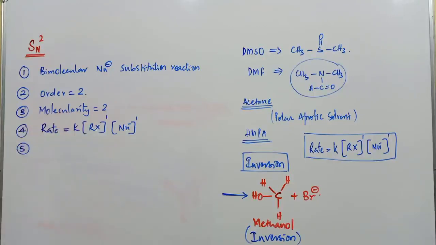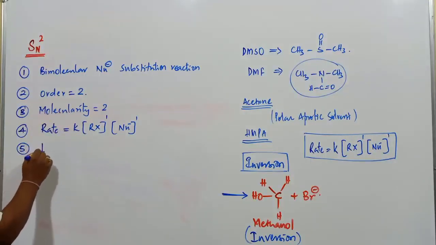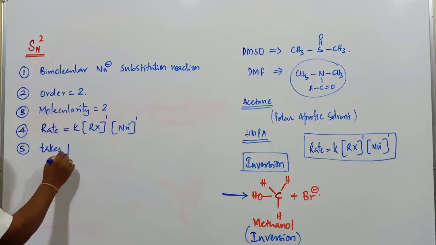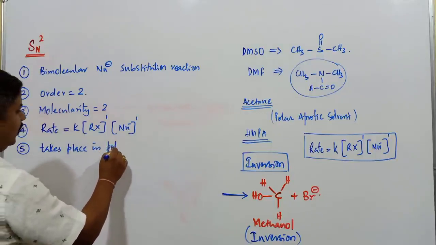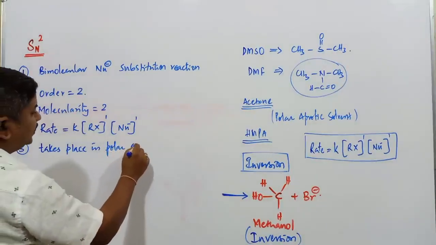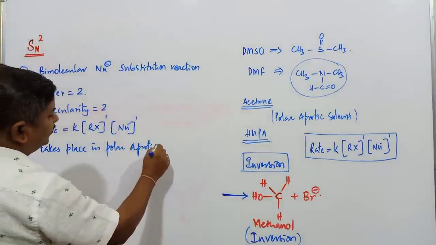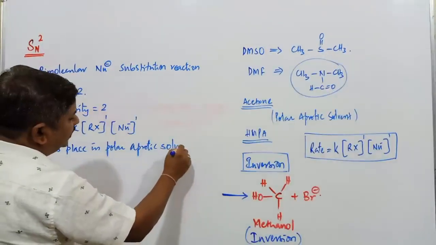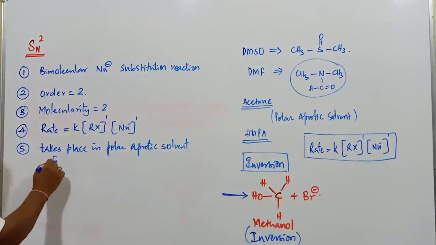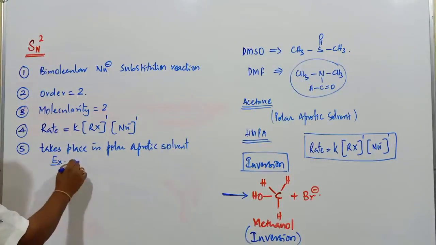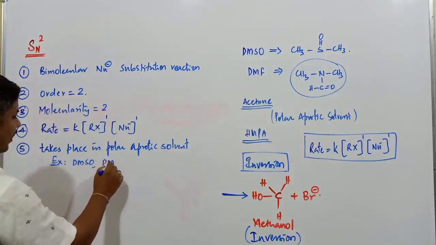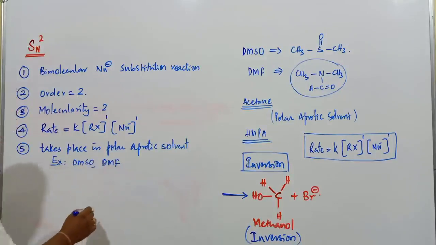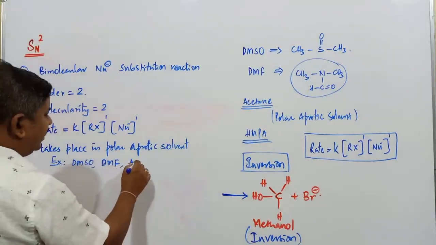Next, this SN2 mechanism takes place in polar aprotic solvent. I have already mentioned this. It proceeds in the presence of polar aprotic solvent. The best examples are DMSO, dimethyl sulfoxide, DMF, dimethyl formamide, and acetone.